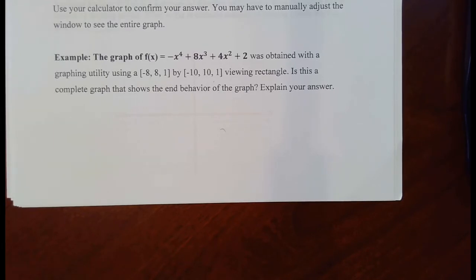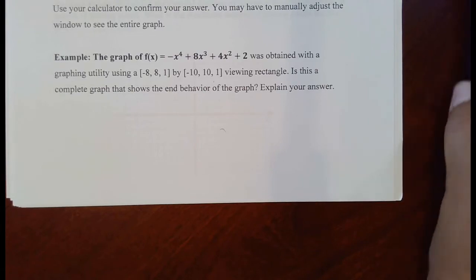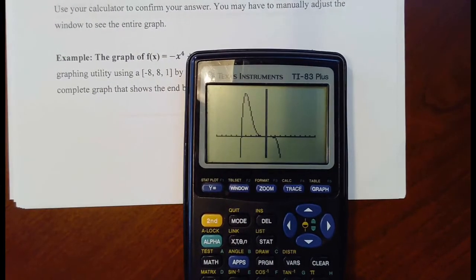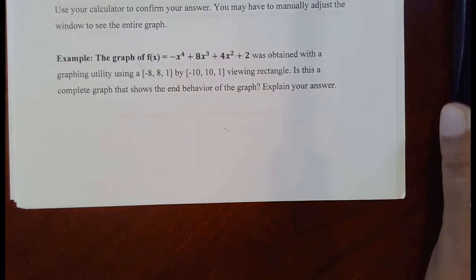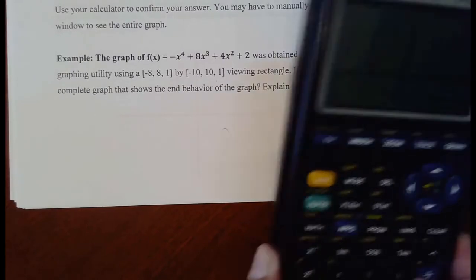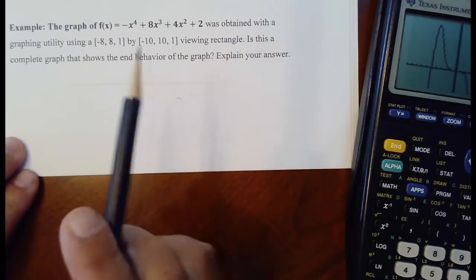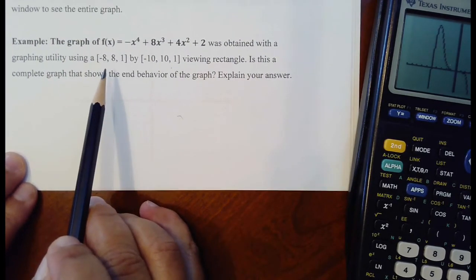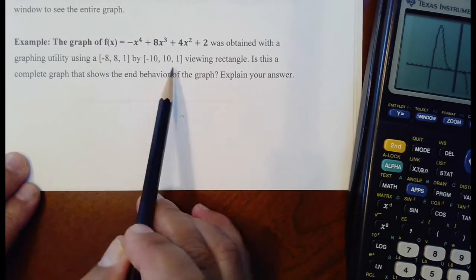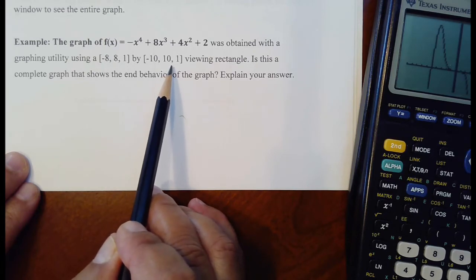So let's see what happens with this. Now here they are specifically telling you what to do with your window. Again, this was something that they went into in Chapter 1, Section 1.1, because you're going to be doing a lot of graphing, sometimes using your calculator. The first window is always with respect to the x's. They're telling you to manually set your window with -8 to 8 to 1.